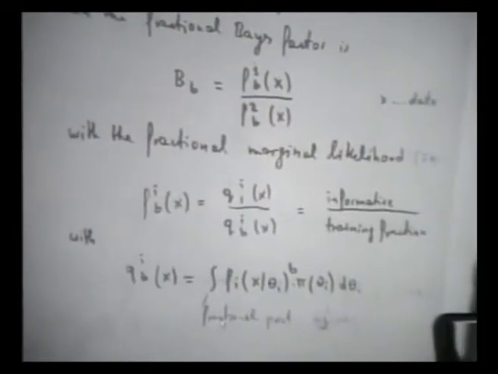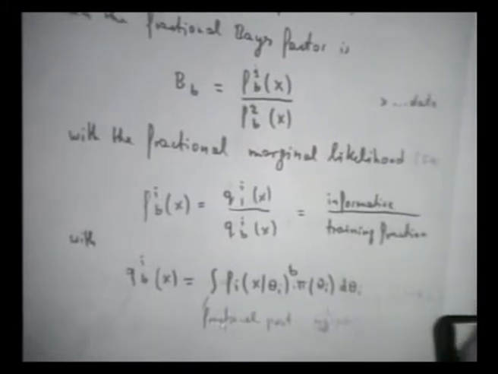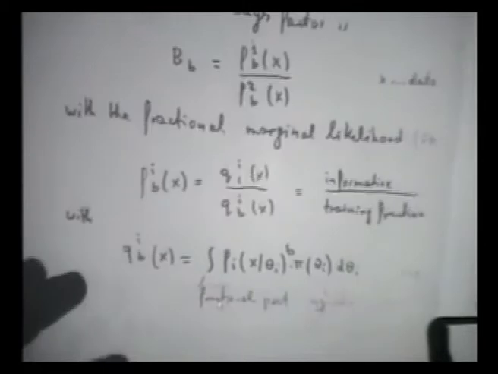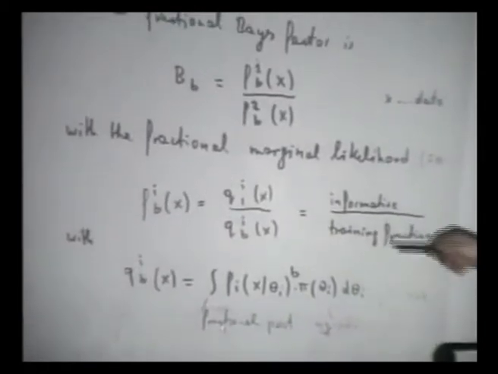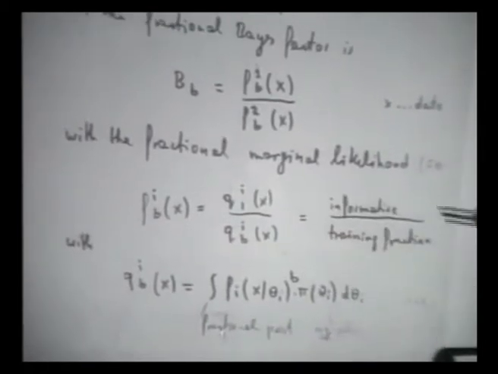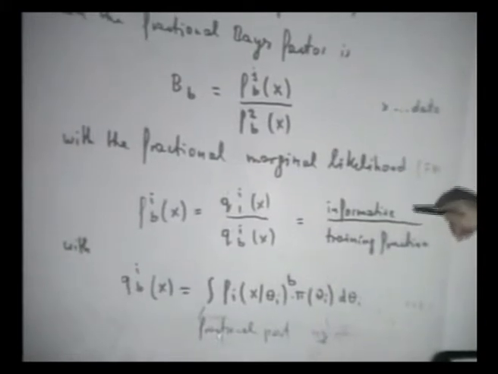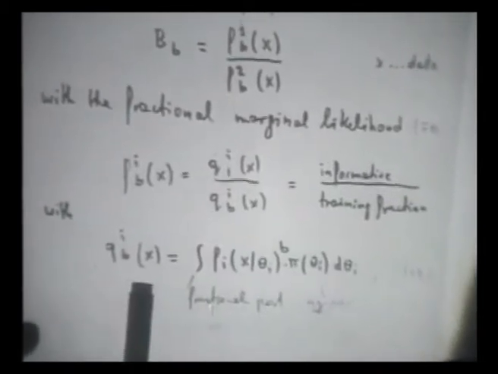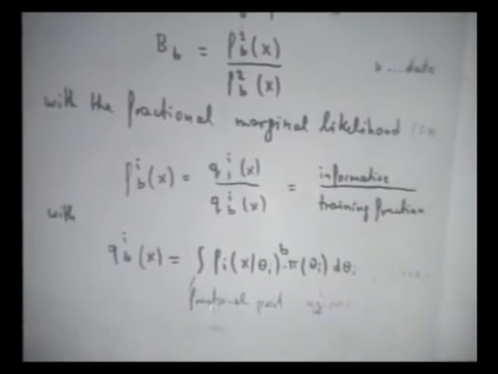And the fractional marginal likelihood is nothing else than a ratio of the likelihood of the informative part divided by the training part of the likelihood function, where we call this qi, where the qi is defined in the following way.